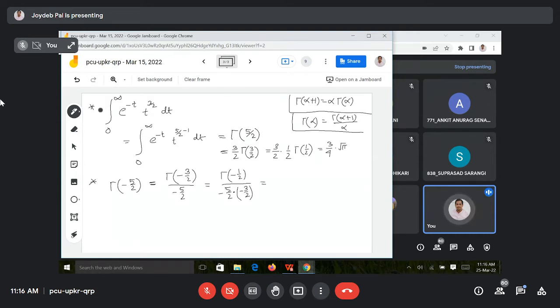So again you think alpha is minus half. Gamma of half divided by minus 1 by 2, and divided by minus 3 by 2, and minus 5 by 2.